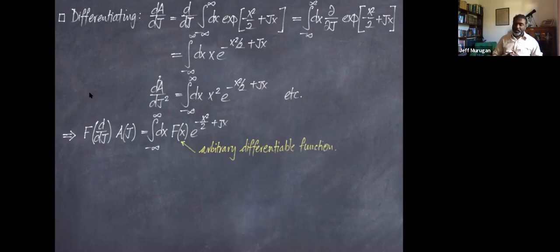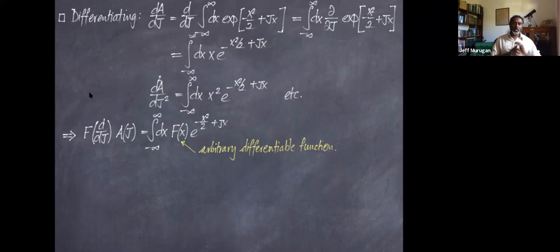So on the right-hand side, I could think of some derivative operator that says, I don't know, second derivative plus 3 times first derivative plus a constant. That would be a function, capital F. And the point is that applied to this function of j, all that happens is that I get a factor in the integrand of that same function, just of x.